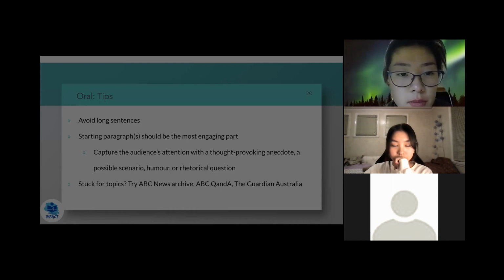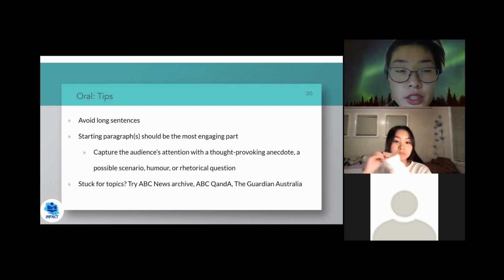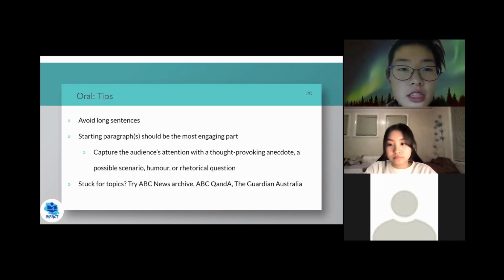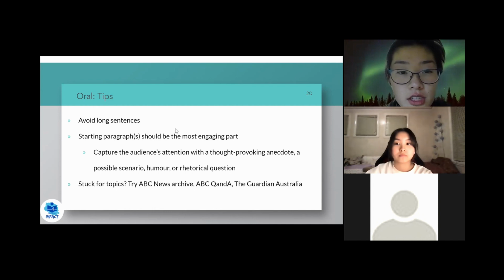And some generic tips are to avoid using long sentences, just because it's really difficult to follow when you are listening and the attention span of your audience is not going to be that long. And then you can start your paragraphs with an engaging note.